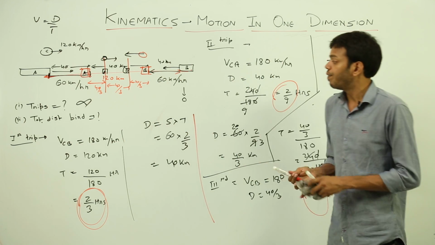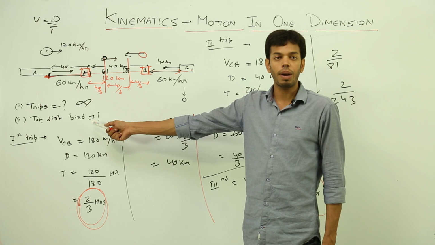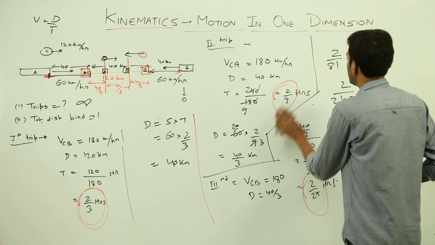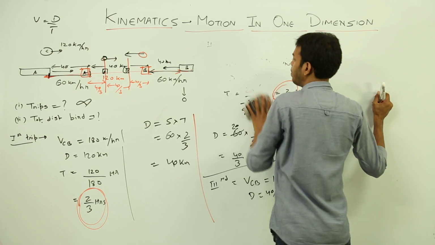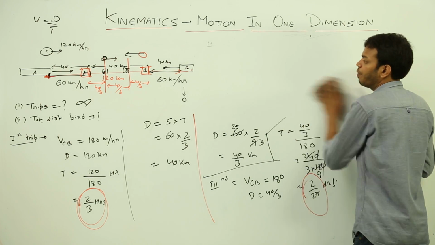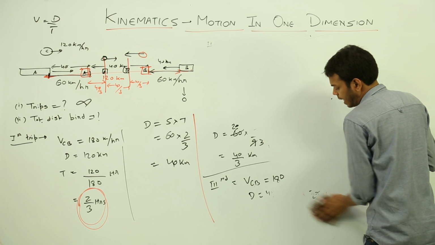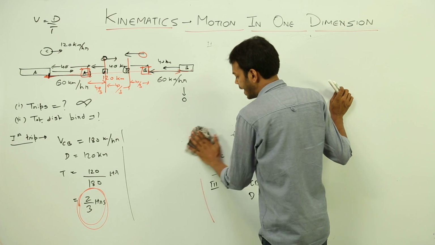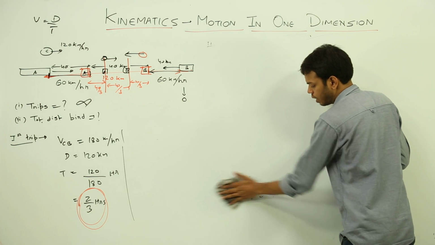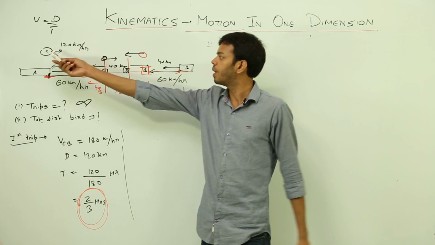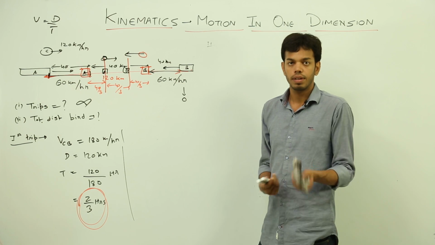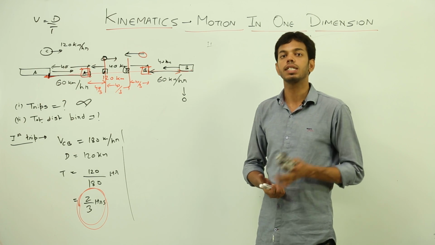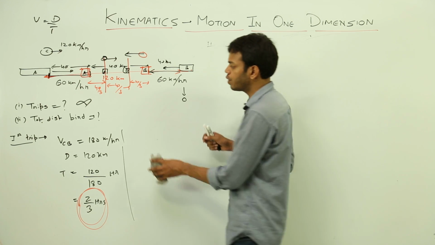But we can find the total distance covered by the bird in 2 different ways, okay? I hope you have already noted it down. So we'll find the total time. The simplest way is, before I started this numerical, I asked you guys what would be the time taken by both the trains to collide, and the answer was what? 1 hour, because the relative velocity of one train with respect to another was 120, distance covered was also 120, so time was 1 hour.